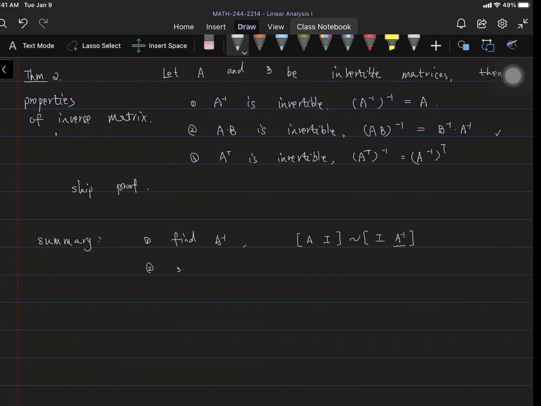Second, solve the linear system AX equals B by using the inverse matrix. That means the solution equals the inverse matrix times B. So given the system, we know A and find the inverse of A, and then do the multiplication with B, and that gives us the solution. That's the only thing we need to know. Okay, we can stop.